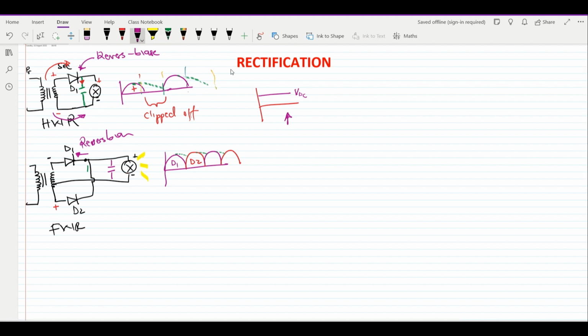This means our new waveform will be like that. We will not have a complete switch off, but at least we'll be slowly reaching our DC. Remember, the DC output that we want should be that. That is what we are looking for.